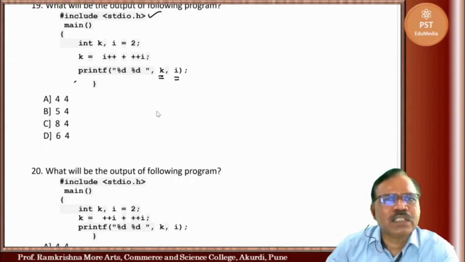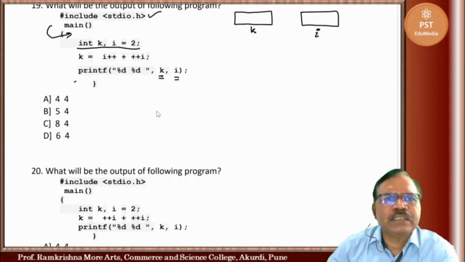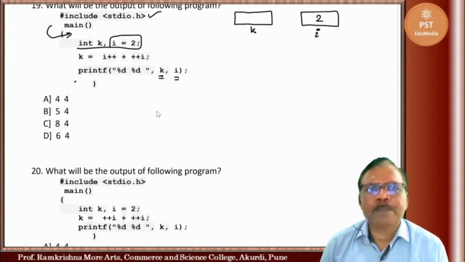The preprocessor includes the file, then control will go here, and first two memory locations are reserved, k and i. When it comes here, i = 2, so 2 is stored at the memory location of i.